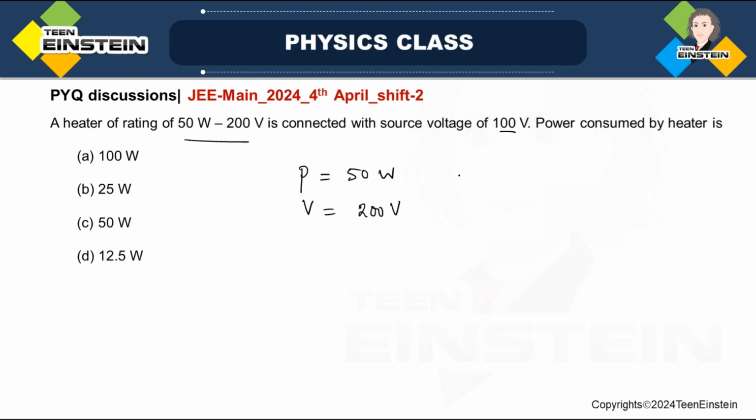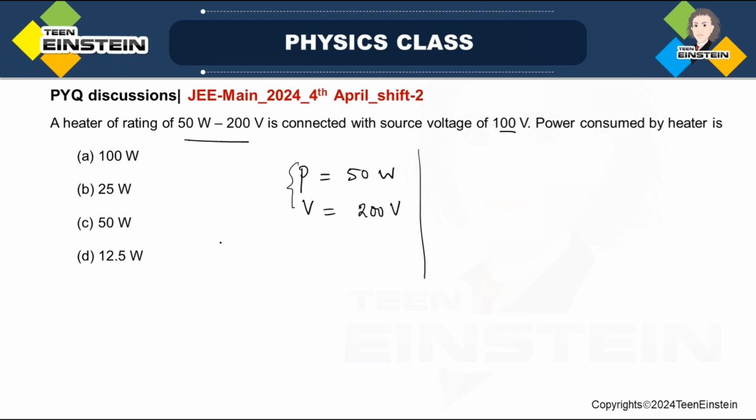Now if we want to find out what is the power consumed by this heater when it is connected to a 100 volt source, then we need to find out from the given information the resistance of the heater, heater coil.